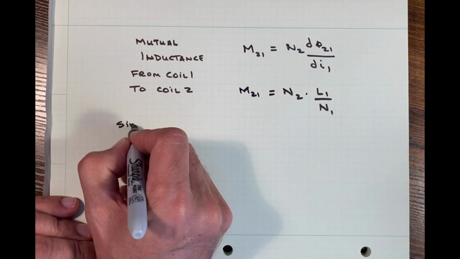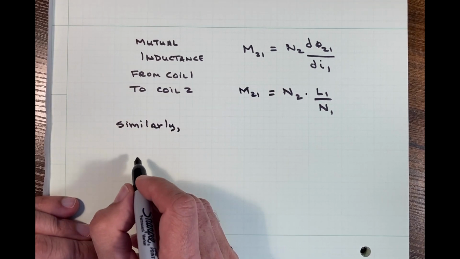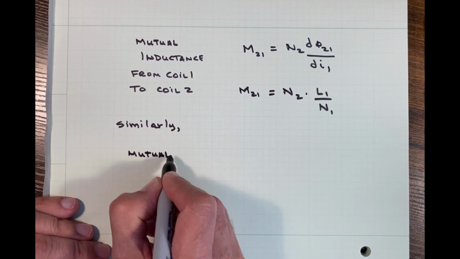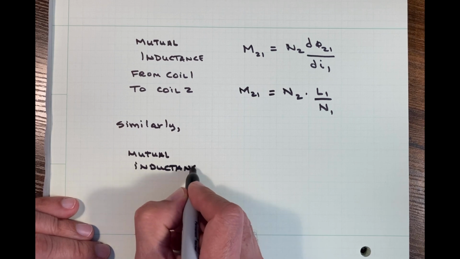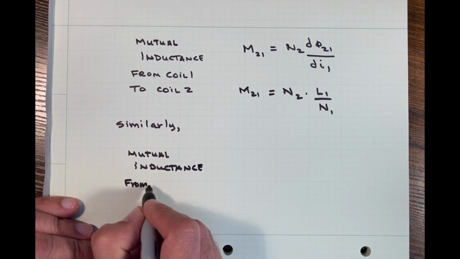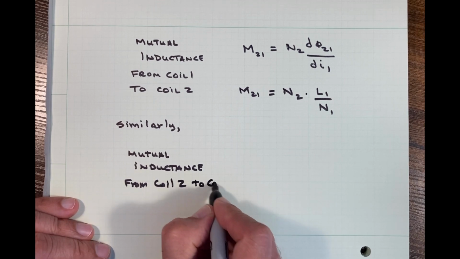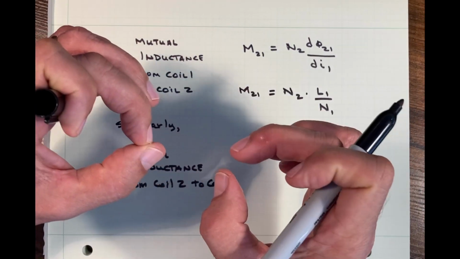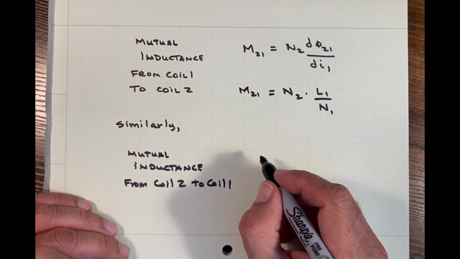Similarly, we have the mutual inductance from coil 2 to coil 1. Remember, we have this transformer that's inducing fields on the other coil, and this over here is inducing a field on this other coil here, on the first coil.